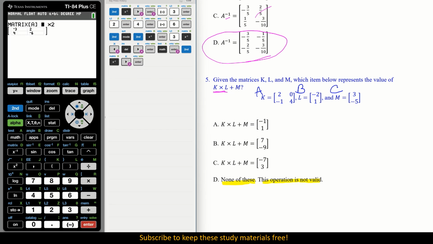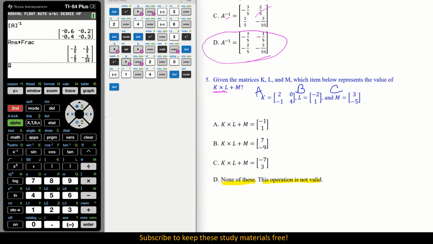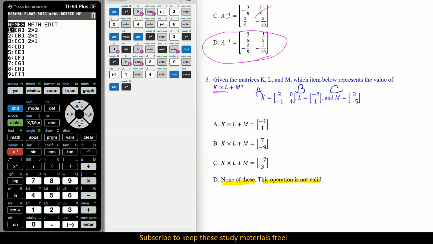All right, and it's a 2 by 2, but we need to enter 2, 0, -1, enter, 4, enter. Okay, great. Now let's back out all the way. And second matrix again, arrow over, but this time we need to go down to B, highlight B, and enter.